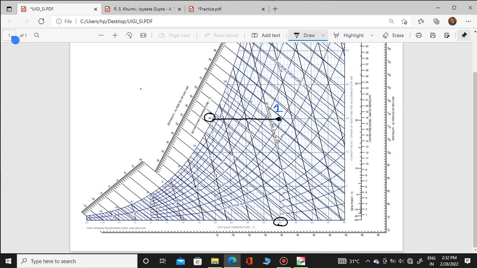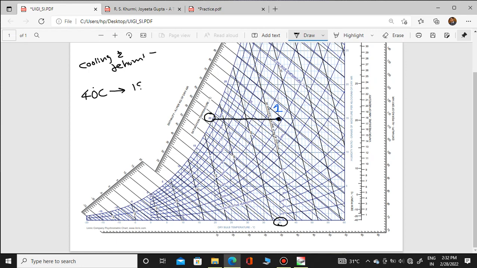Now if we want to do the cooling and dehumidification process, we have to reduce the temperature of air below the dew point temperature. Clear? So in this case our initial temperature is 40 degrees centigrade, so we need to reduce it lower than 20 degrees centigrade.